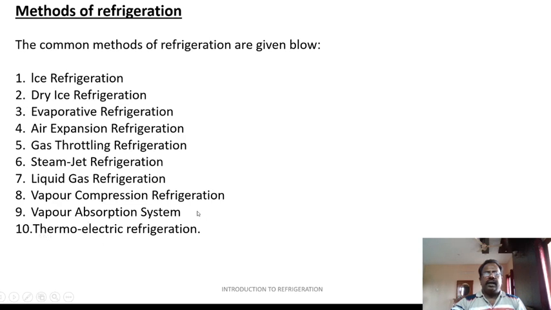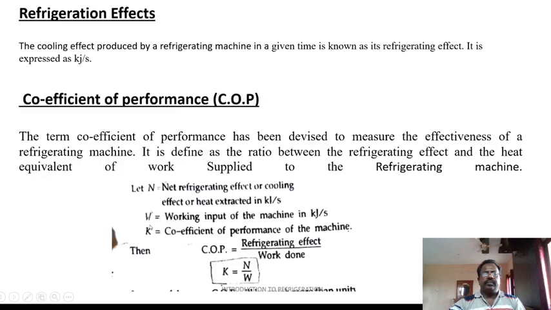As I told earlier, vapor compression refrigeration and vapor absorption refrigeration are very important part for the subject point of view for HVAC, that is heating, ventilation, and air conditioning system.